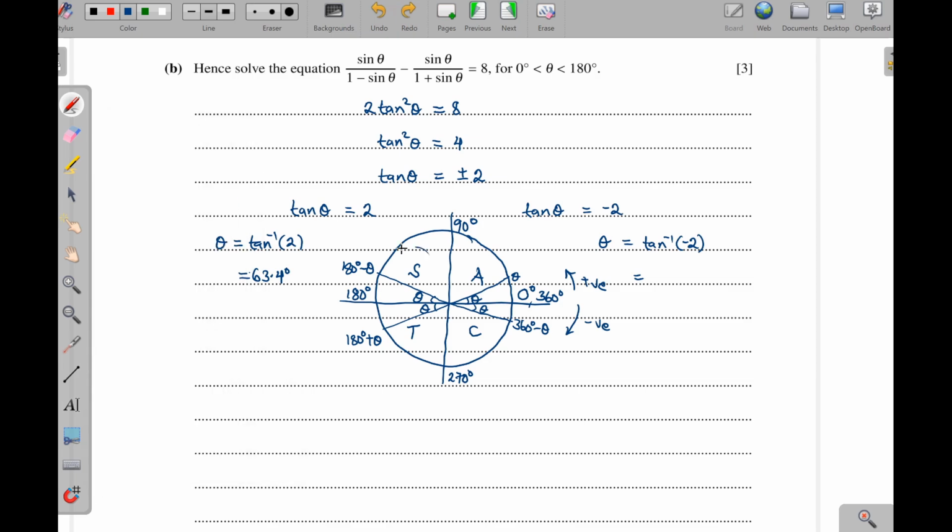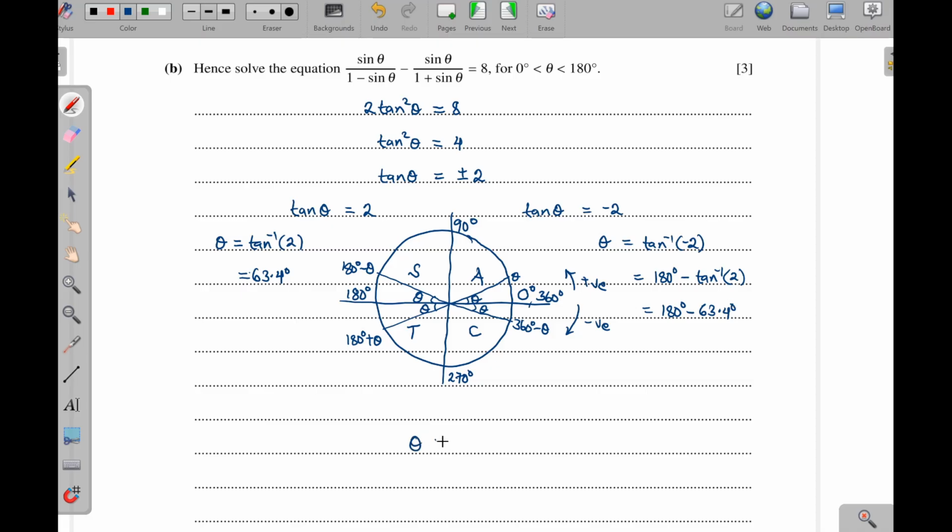Tan is negative in the second quadrant and fourth quadrant. That means, to get the angle in the second quadrant, I would say 180 minus the acute angle, which you get after ignoring what? The negative on this, okay? So this one will be 180, then minus that 63.4 degrees.